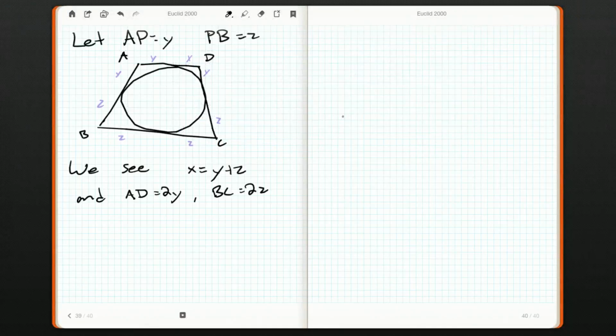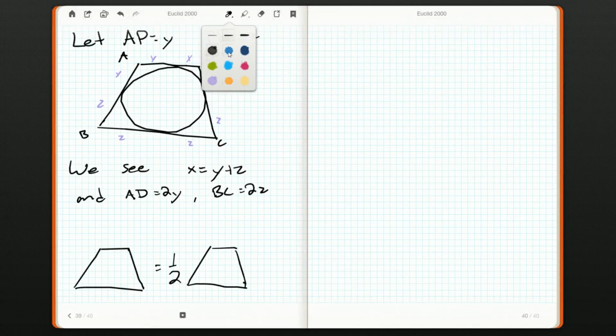So, for any trapezoid, we have two lines parallel. To find the area of this trapezoid, that's going to be equal to 1/2 the area not just of this trapezoid, but what we do is we take a copy of it and we turn it 180 degrees and it matches up really nicely. And it forms a parallelogram.